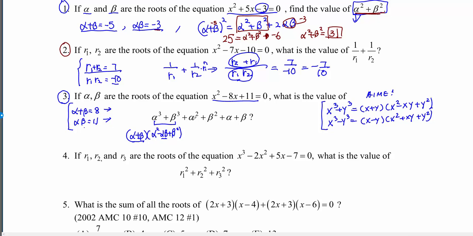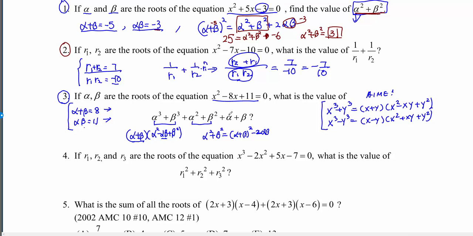But you still have alpha square plus beta square. So we're going to find alpha square plus beta square. Alpha square plus beta square is alpha plus beta squared minus 2 times alpha beta, isn't it? That's all.